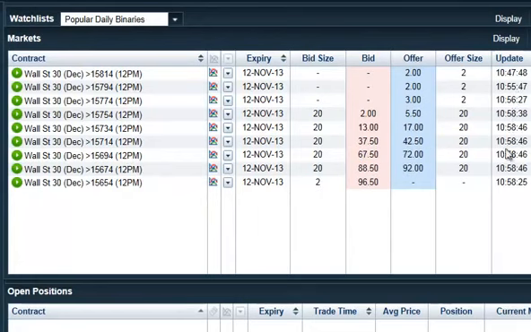Nadex stops offering trades 2 minutes prior to the trade expiring. So in this particular case, I can place these trades up until 11:58 a.m., which would be 2 minutes before the expiration time.